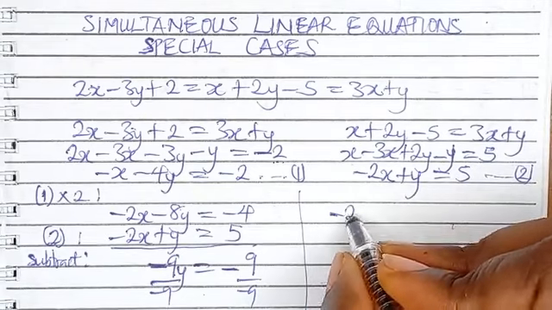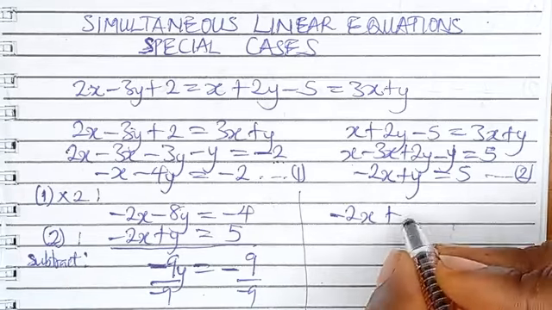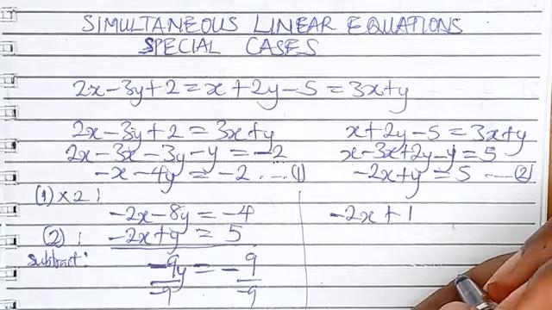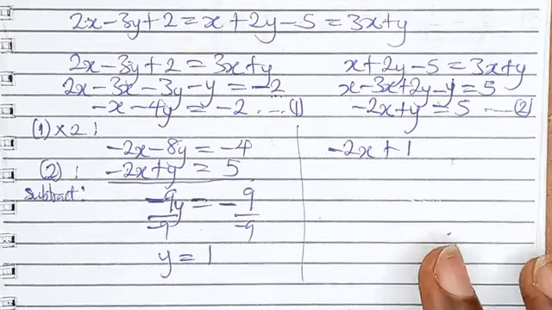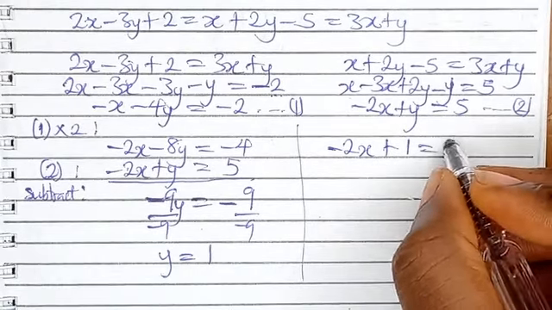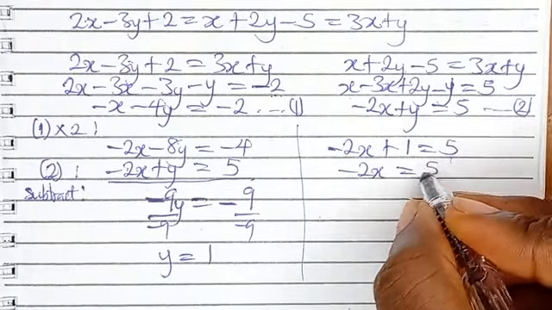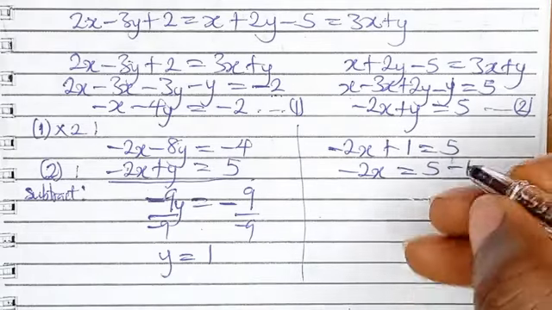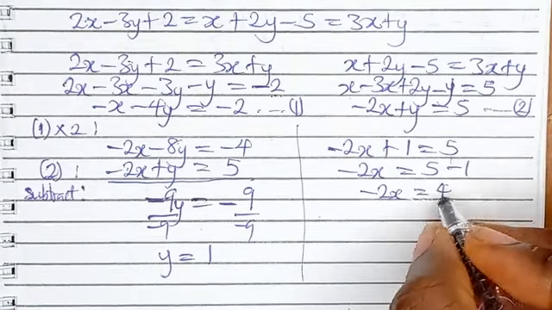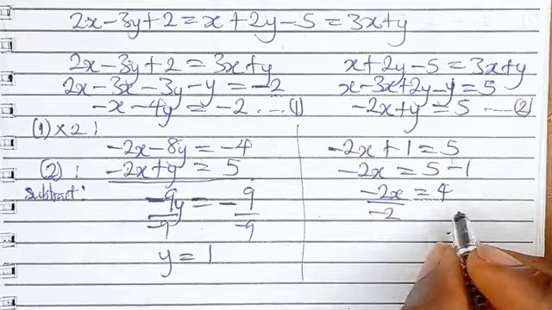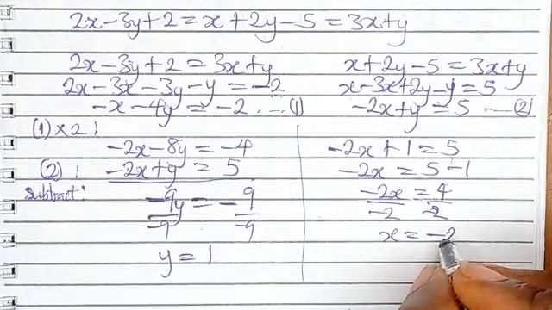So we have minus 2x plus, instead of y, we have 1, is equal to 5. According to this, we have minus 2x is equal to 5 is already here. Plus 1 goes over to become minus 1. And then we have minus 2x is equal to 5 minus 1, 4. And we divide both sides by negative 2. And we have that x is equal to negative 2.